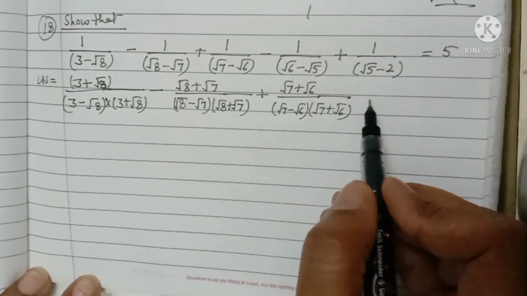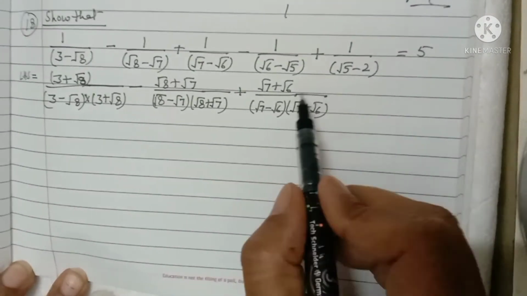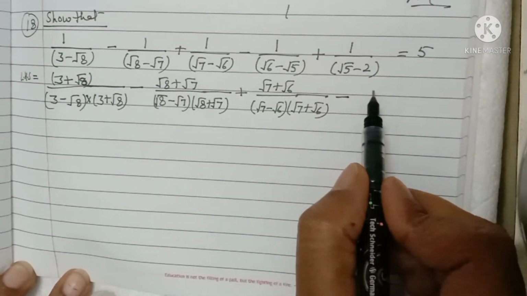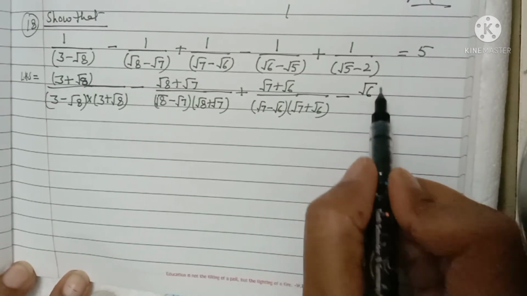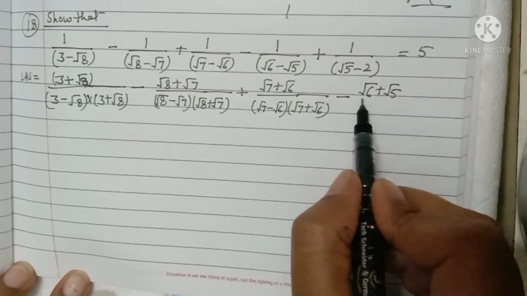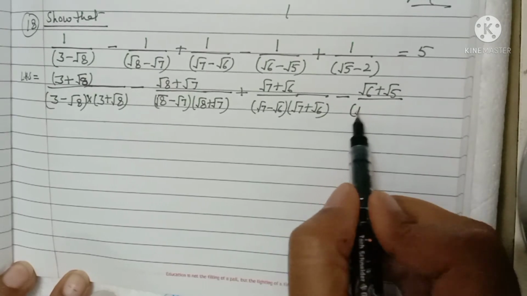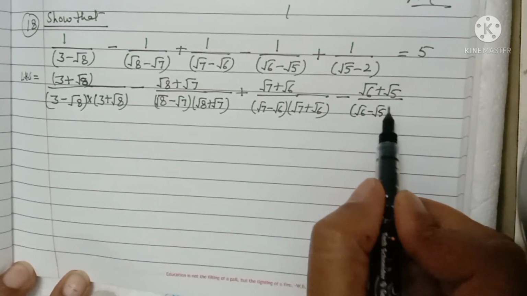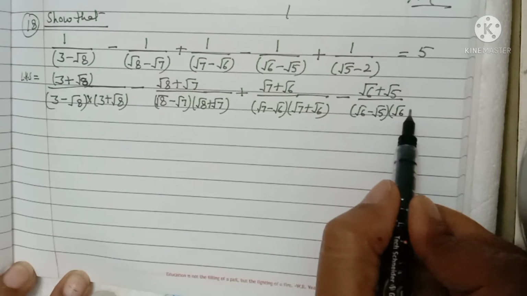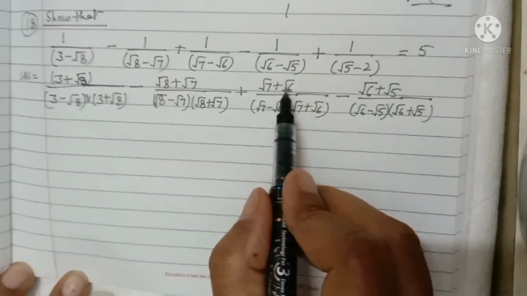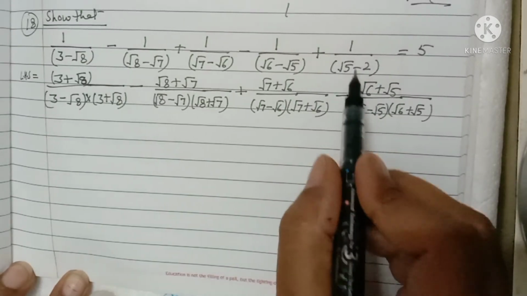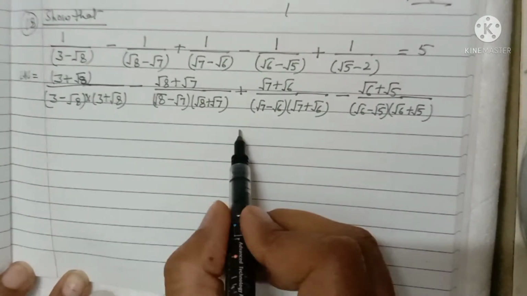This is the third part, and minus here root 6 minus root 5. So you will multiply by root 6 plus root 5 upon root 6 minus root 5 and multiply by root 6 plus root 5. Come to the last step of this expression.